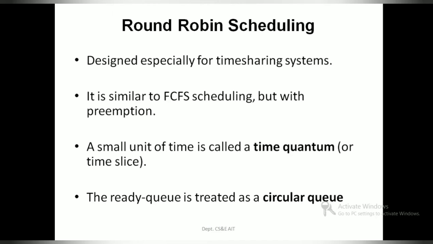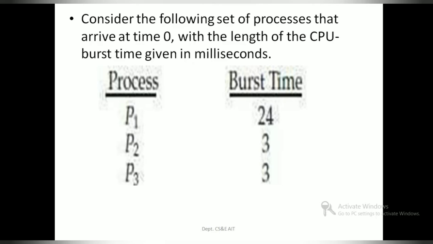So let me just show you a snapshot of the process. Now I have processes P1, P2, P3, and likewise I have their respective burst times. So how does the execution happen? For instance, if I say the time quantum is 1 millisecond, process P1's burst time is 24 milliseconds.